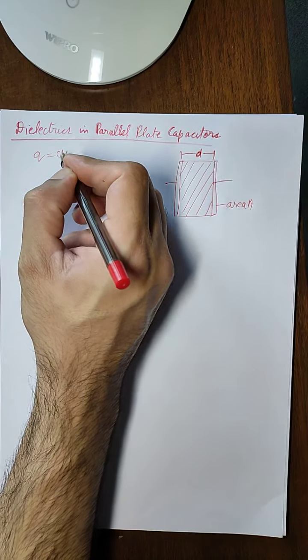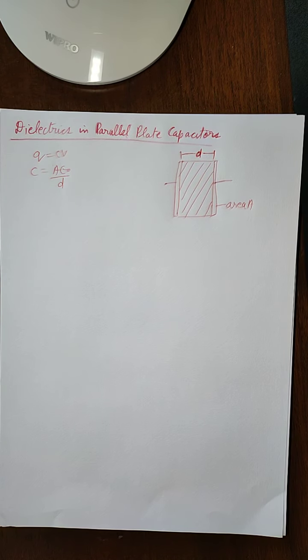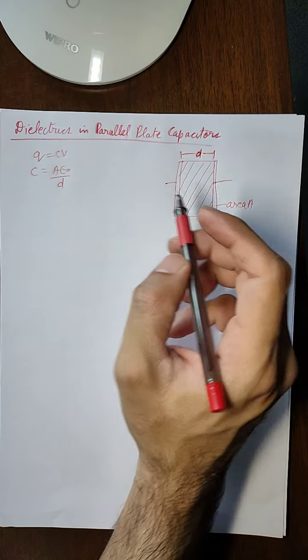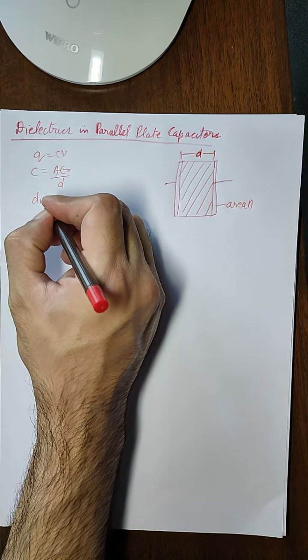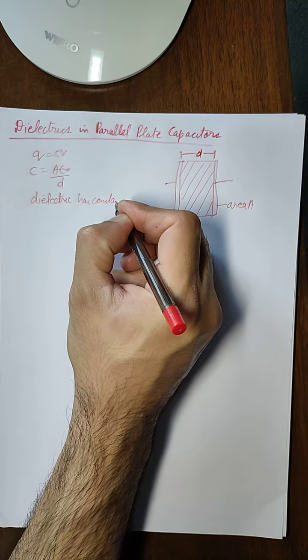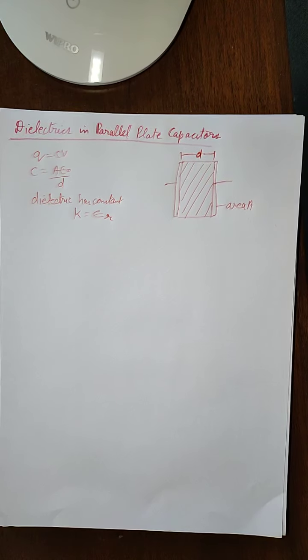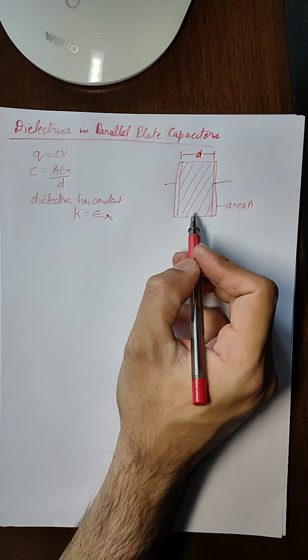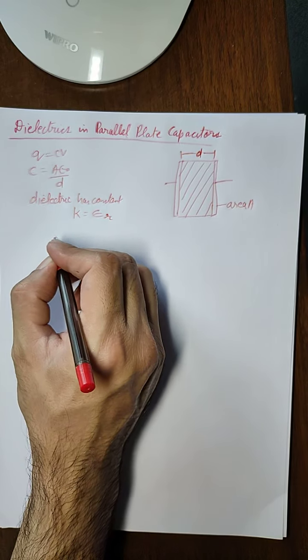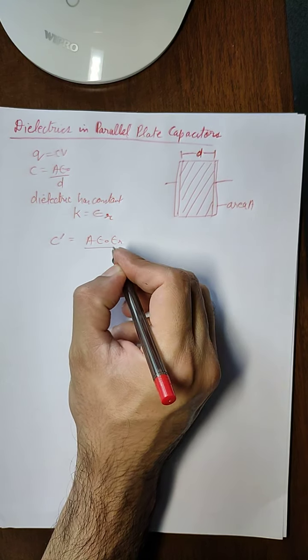Now Q equals CV, this we already know, and C equals A epsilon naught upon d. These are the formulas that we already know about, so we are going to use them. Now let us say that the dielectric which is filled has a dielectric constant K, which we know is equal to epsilon R. Because of this inserted dielectric, the new capacitance C dash is A epsilon naught epsilon R upon d.